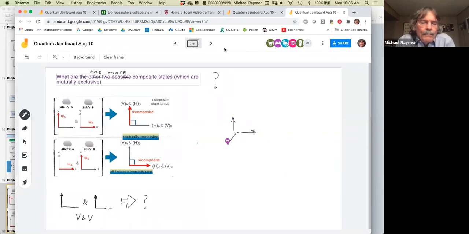How do I draw? Anybody agree with that picture?